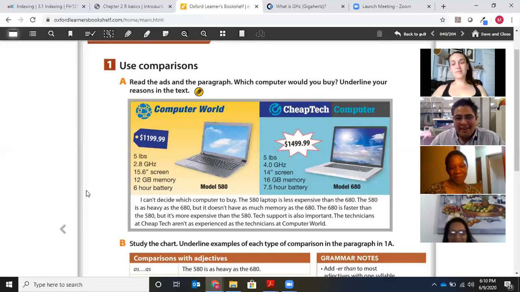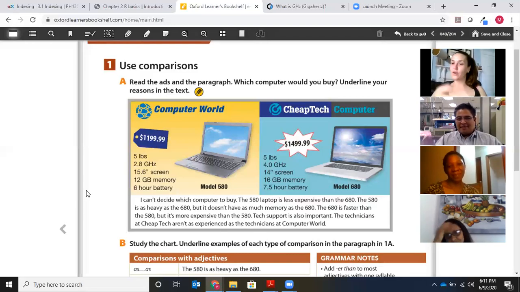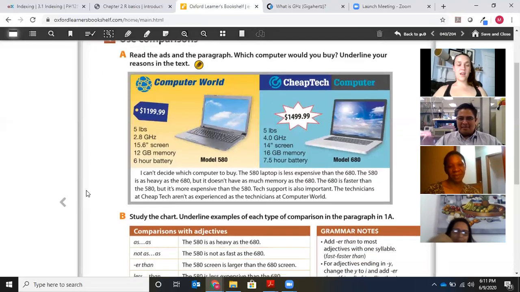So true. Maybe you can invest a little bit more. It's a hit for the pocket or the wallet, but it's an investment. It's not necessarily spending more. You're investing in your experience, right? Maybe it'll last longer. Maybe it's a better computer. It makes sense. All right.